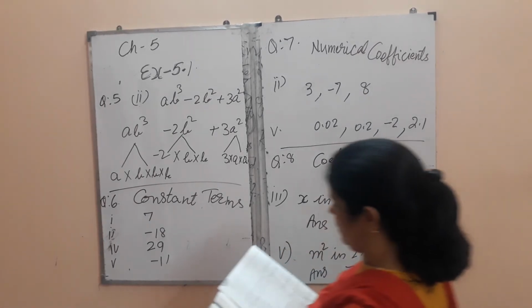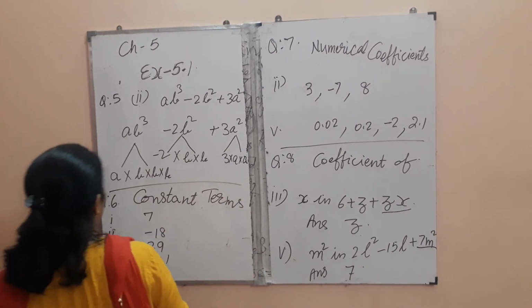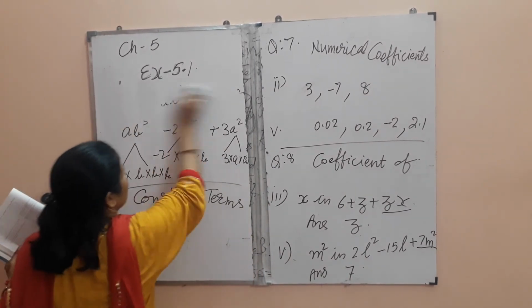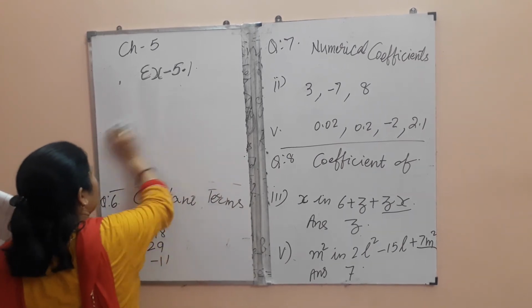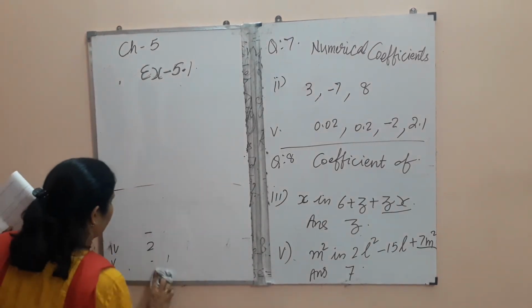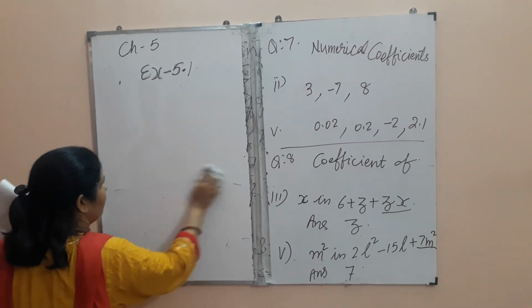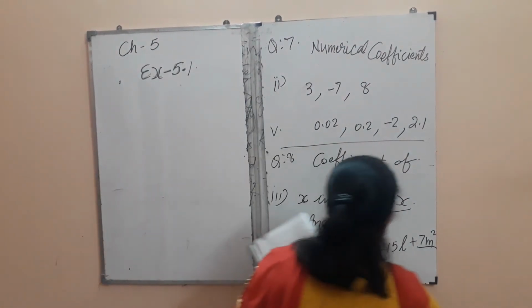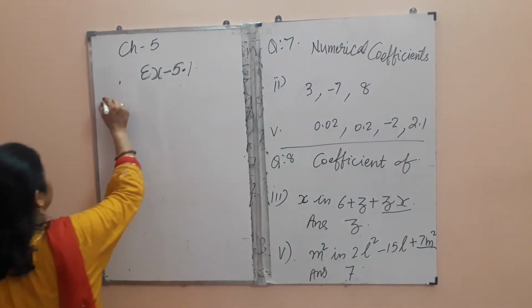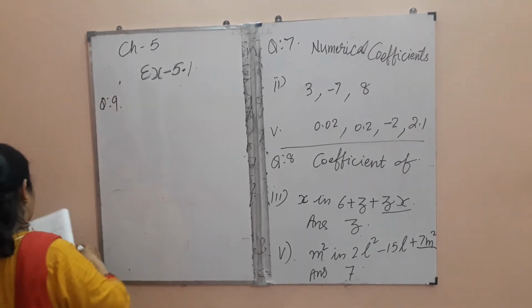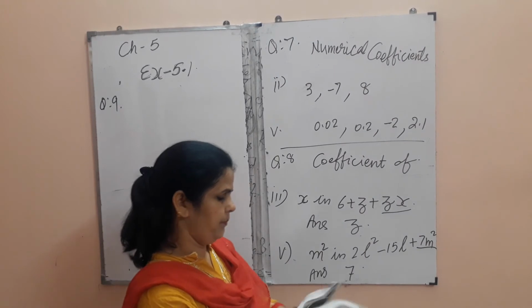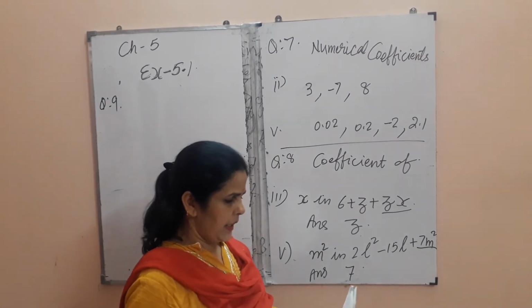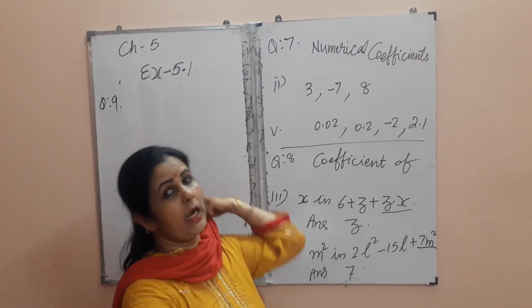Now come to question number 9. State whether the given pair of terms are made up of like or unlike terms.